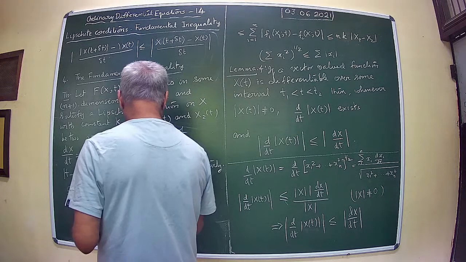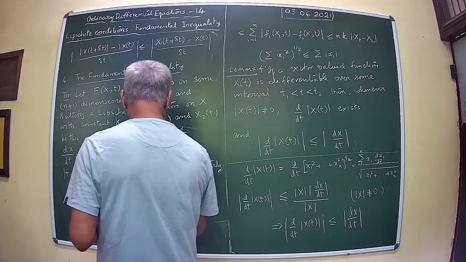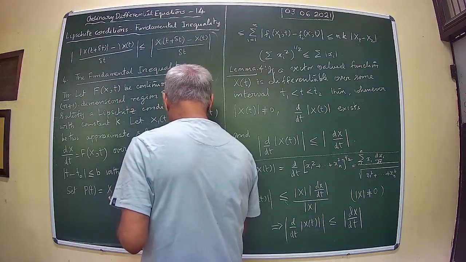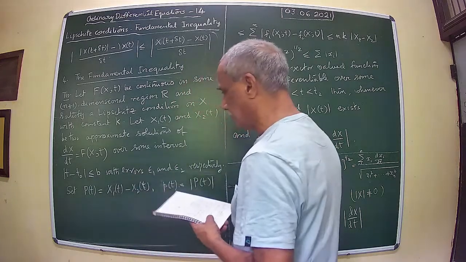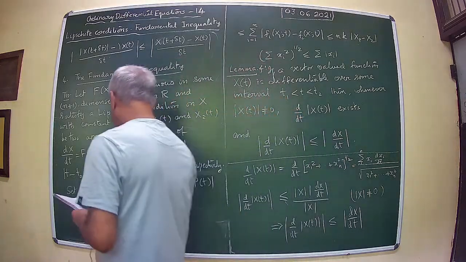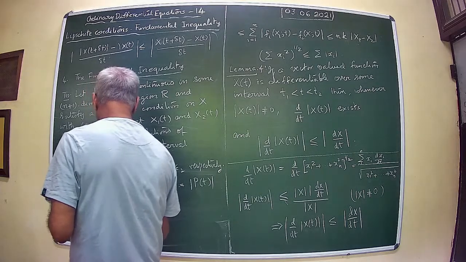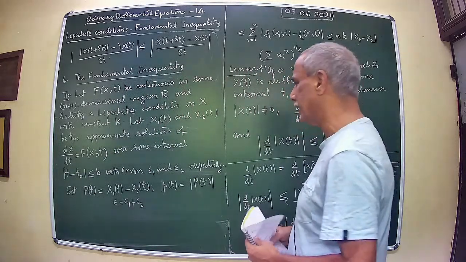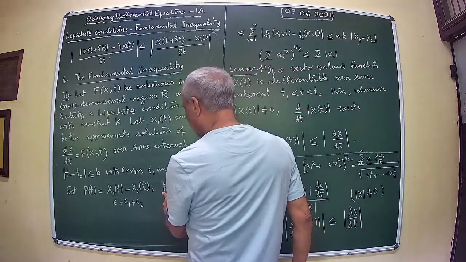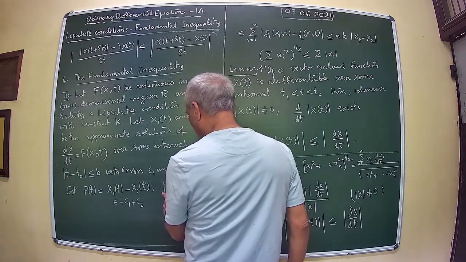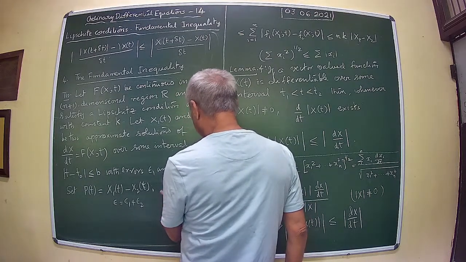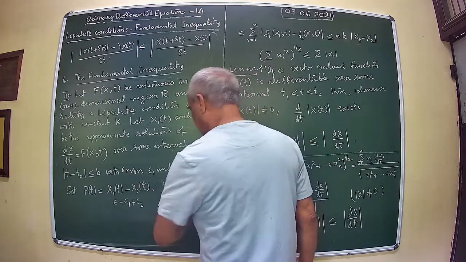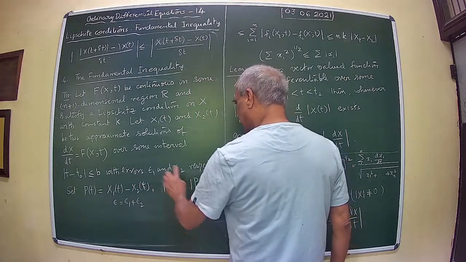Now small p(t) you define as the norm of p(t), and epsilon you define as epsilon 1 plus epsilon 2. See, the advantage that you have is this: if you can show that p(t) is bounded by epsilon, then the norm of p(t) is bounded by epsilon. So that is the advantage that you have. You are still working with a scalar valued function.